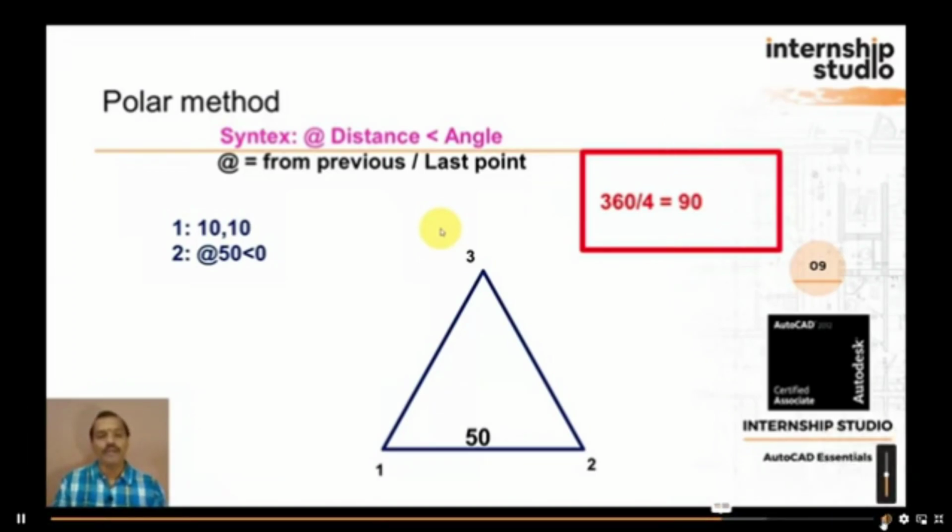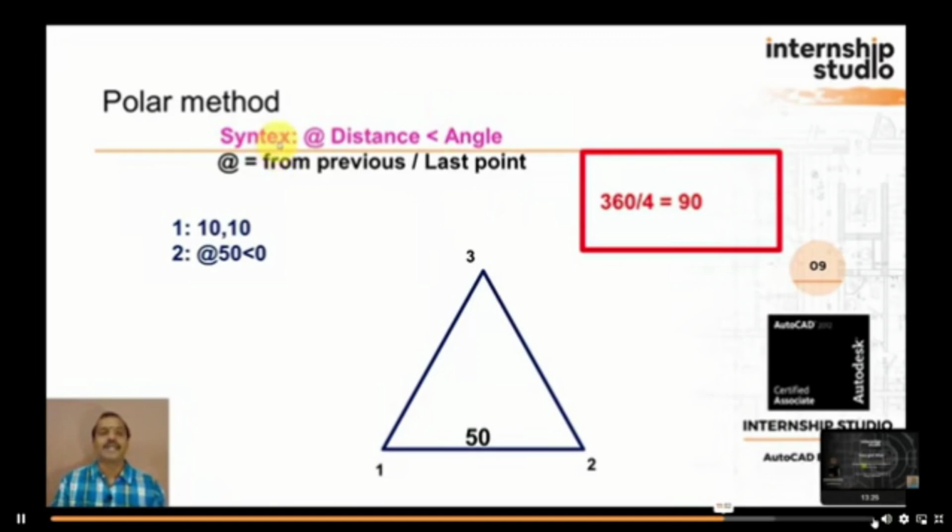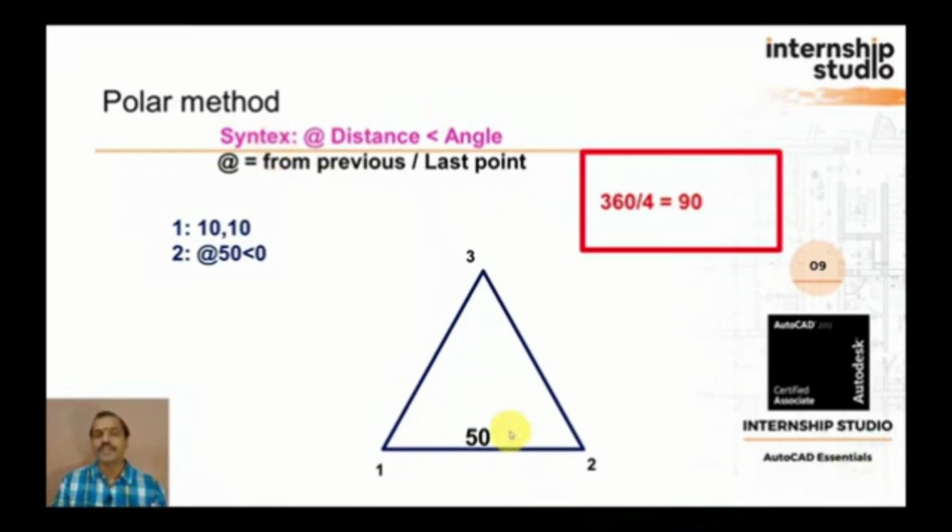Similarly, how to find out the angle in this triangle? It is a closed object, so it also takes 360 degree. This 360 degree is taken by 3 lines. So the angle of each line is 120 degree in absolute angle. 120 degree means where is it 120 degree? From point 2 to 3, the direction is 120. How is it?